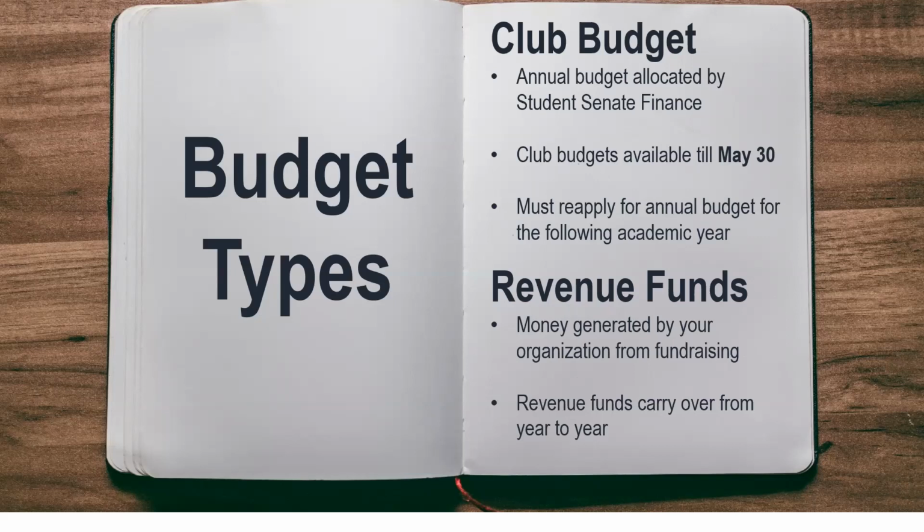Important to remember. Revenue also carries over year to year to year. So if you raise money for kids with cancer on May 30th, we don't take that from the kids with cancer. That stays in your budget. And hopefully you write a check so that way those kids with cancer get the money.